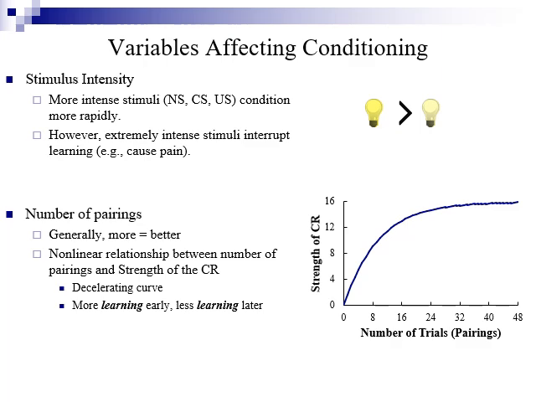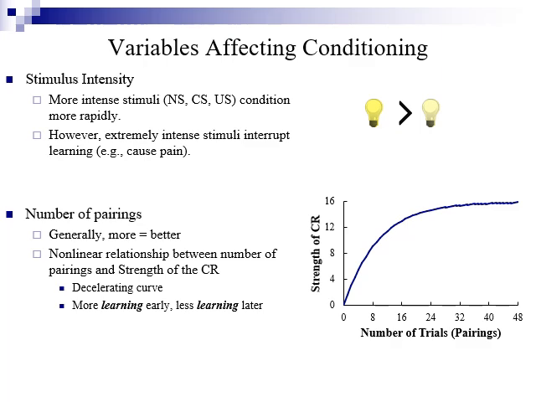Remember, learning is defined as a change in behavior due to experience. So when I say more learning early, what I'm really saying is that there is a greater change in behavior in the first trials than there is in the later trials.